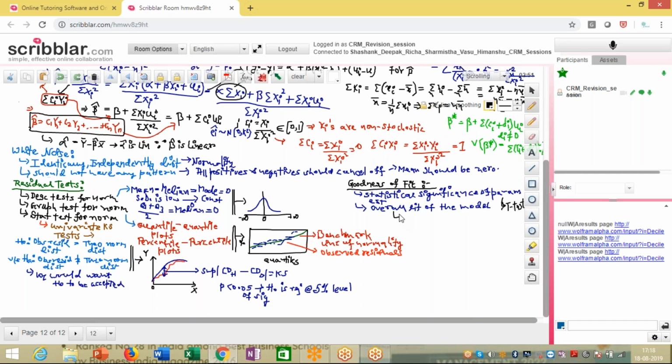And for the overall fit of the model, we need to talk about the ANOVA. We will revisit each of these two tests and see how the testing procedures are done. Since this is a fresh topic, we'll start it from the next session onwards.